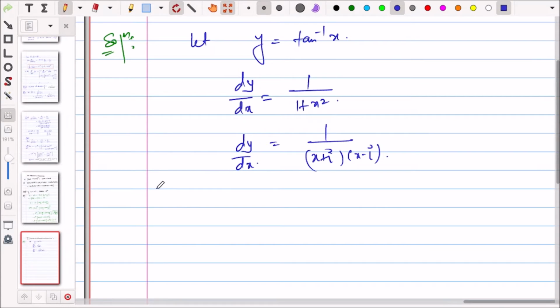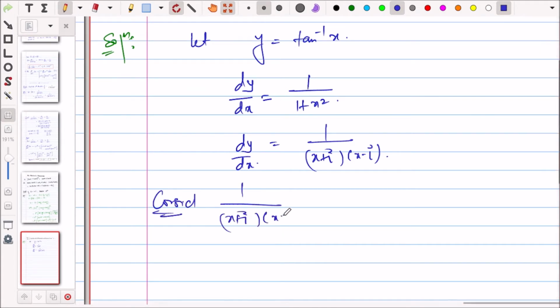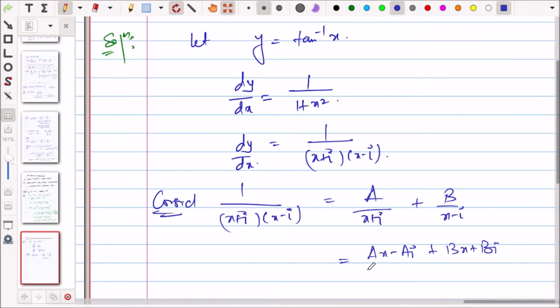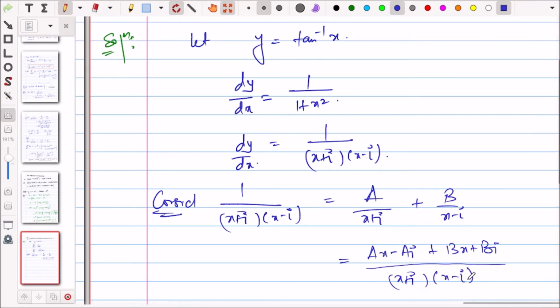So consider 1 upon x plus i, x minus i, which is equal to a upon x plus i plus b upon x minus i. So simplify this: ax minus ai plus bx plus bi, upon x plus i, x minus i.